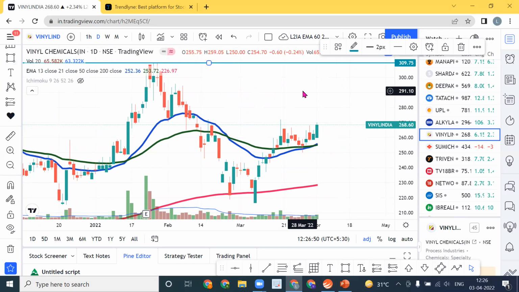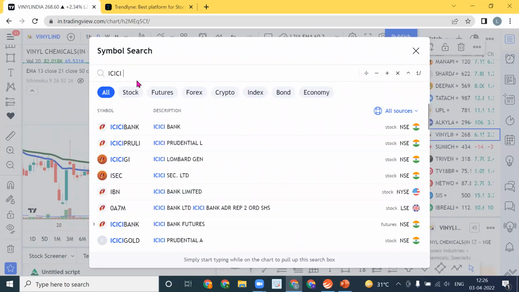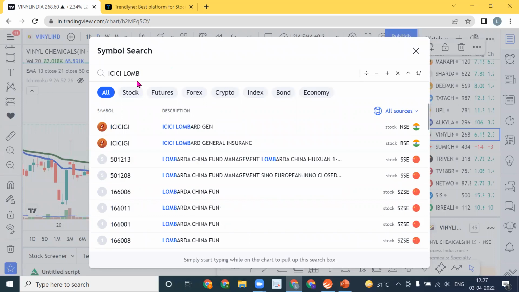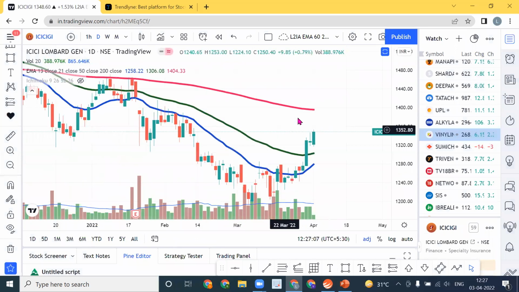Sir, ICICI Lombard and LIC Housing Finance. It's in a very bad shape. As much as it goes up, exit whatever you get; if it turns positive, exit.